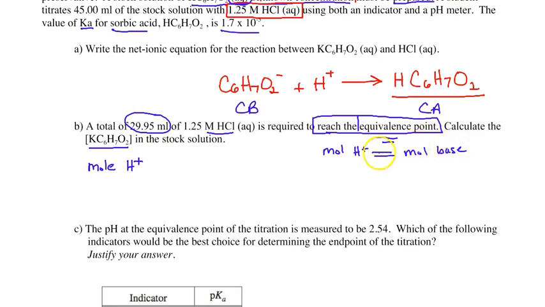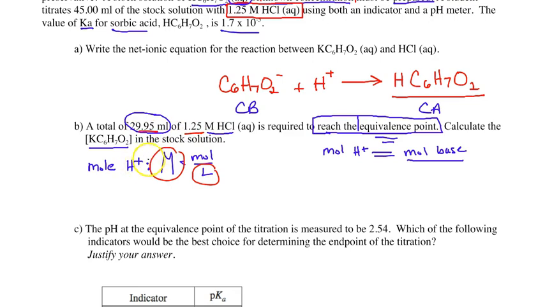That's what equivalence point is. So by knowing how much acid I had to add to neutralize the base, I actually get the moles of the base. Very simply, to get the moles of H plus, I know that molarity is equal to moles over liter. If I have the volume, convert that to liters, and I have the molarity, I can solve for the moles. So we've done this a million times.